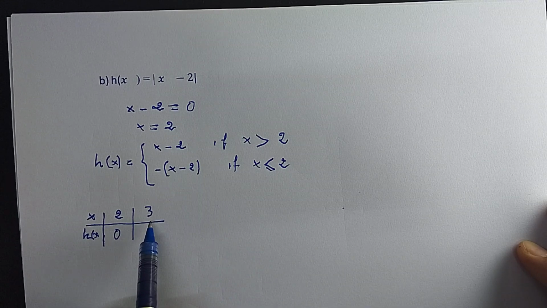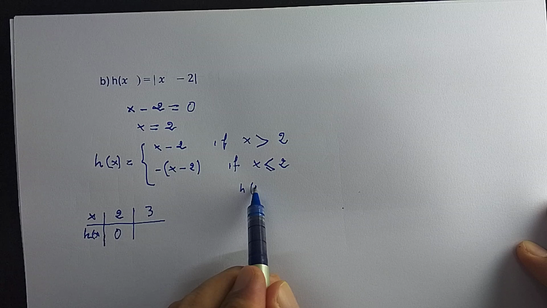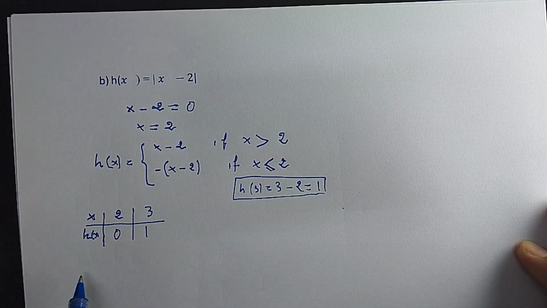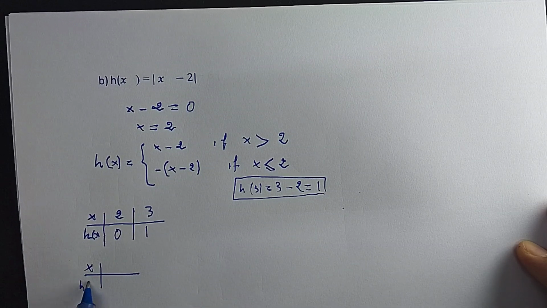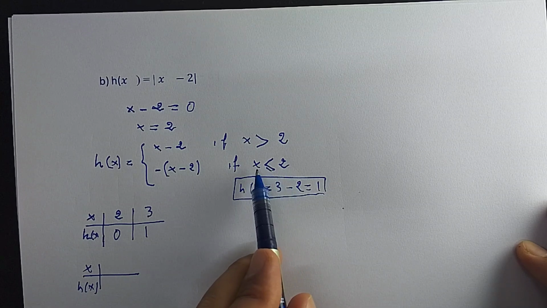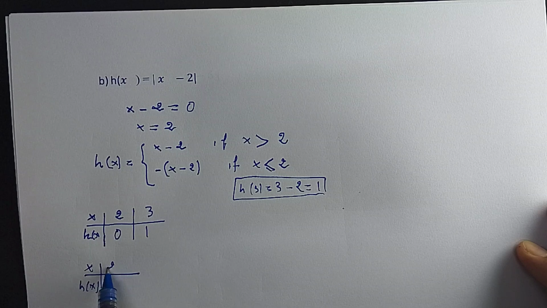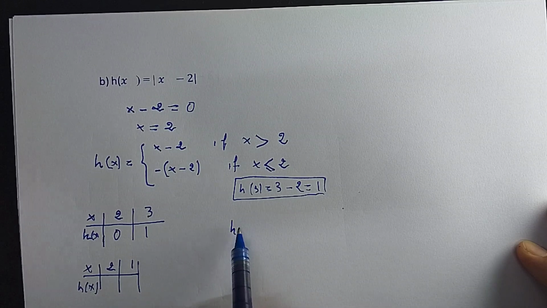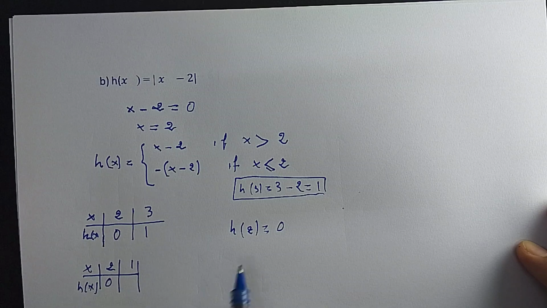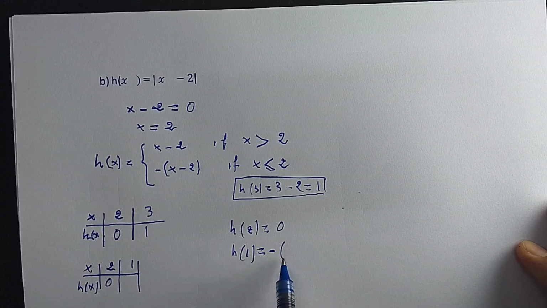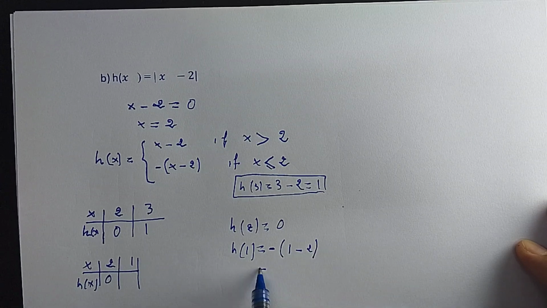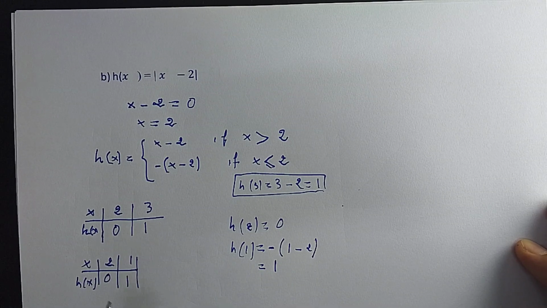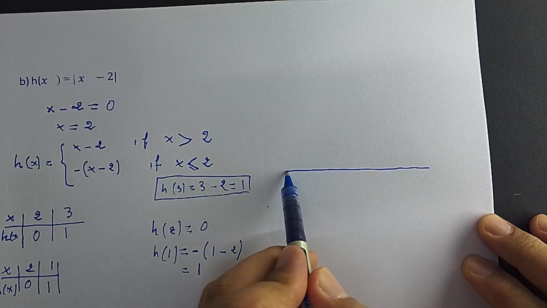The image of 3: h(3) equals 3 minus 2 equals 1. For the next one, x less than 2, I put 2 also, but another number less than 2, for example 1. h(2) equals 0, but h(1) equals minus (1 minus 2), which equals minus (minus 1), equals 1. So I plot the graph of h here.